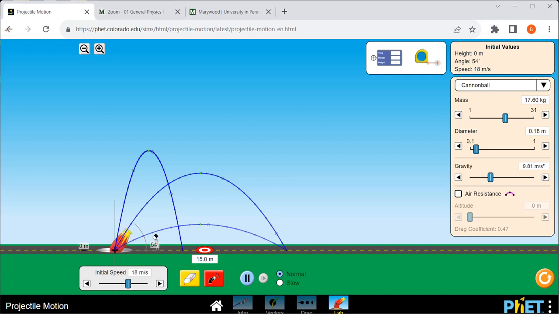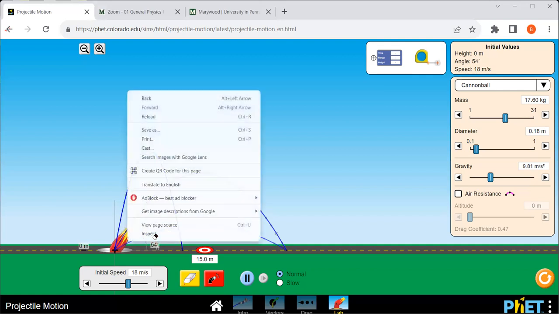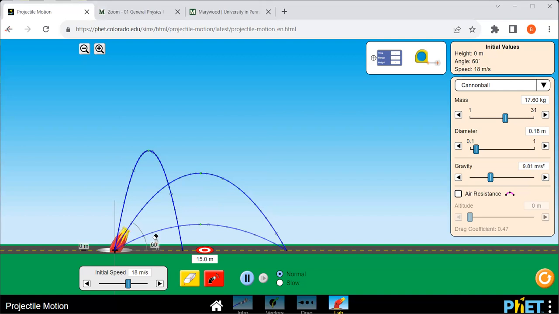That doesn't work, so let me use another one.